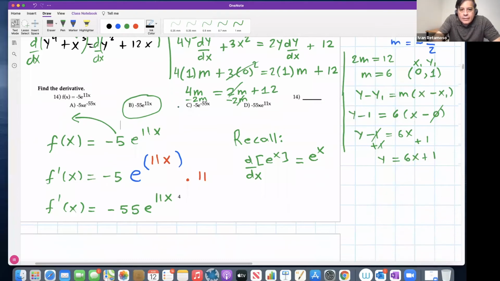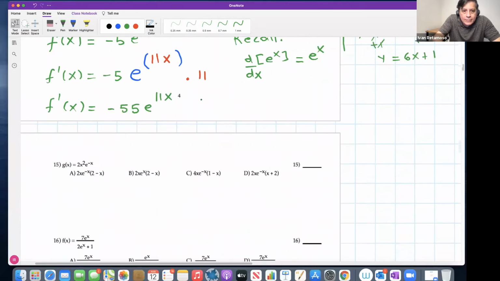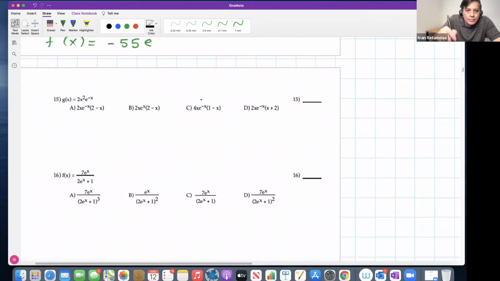Moving on. This one requires the product rule together with the result: derivative of e to the x is e to the x. Let's do it quickly. Let's call this our function f. Let's call this our function g. Applying our product rule, start with the derivative of f.